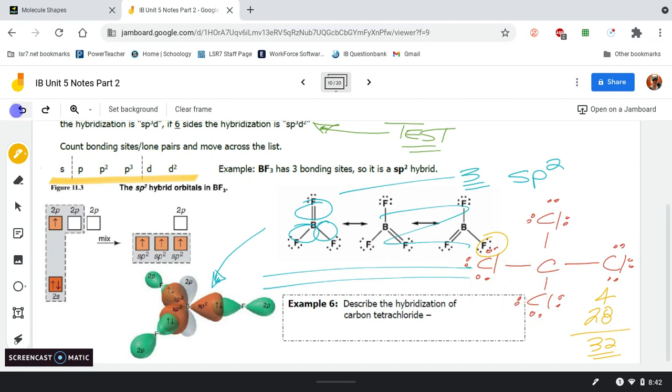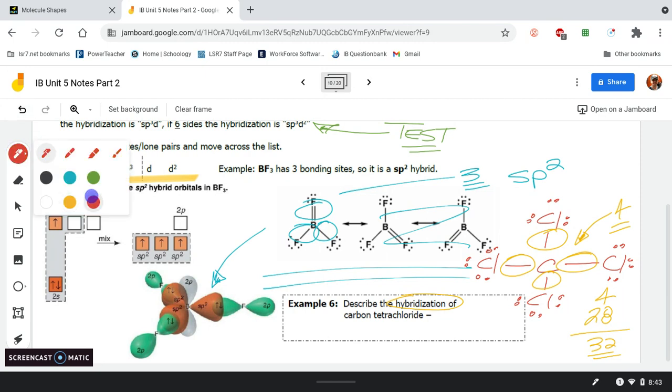All right, so we're talking hybridization here, right? So it said hybridization. So what do we do? Count the attachments to the central atom only. I have 1, 2, 3, 4 attachments to the central atom. I don't care if they're single, double, or triple bonds. They all count as 1. I come over here. 1, 2, 3, 4.